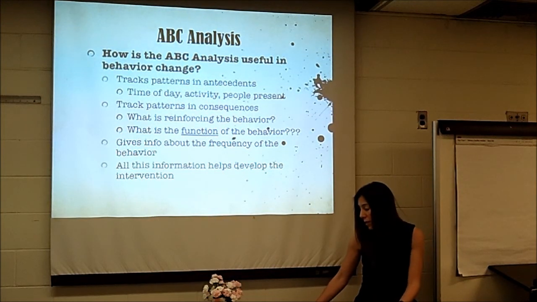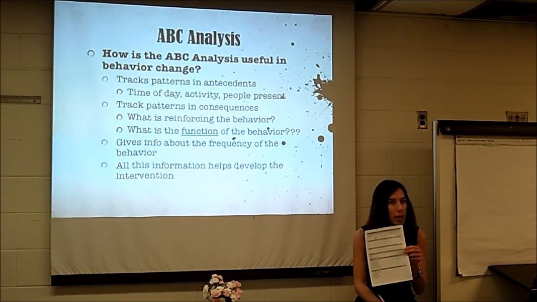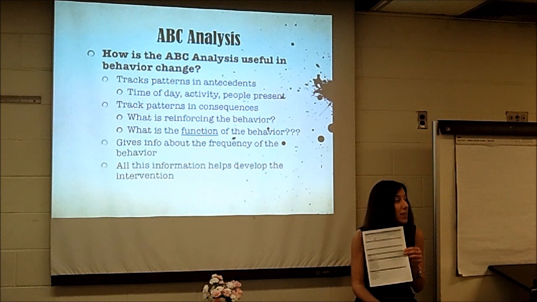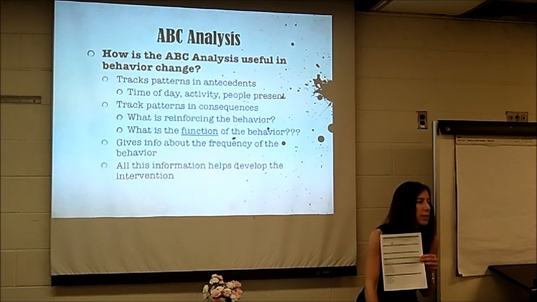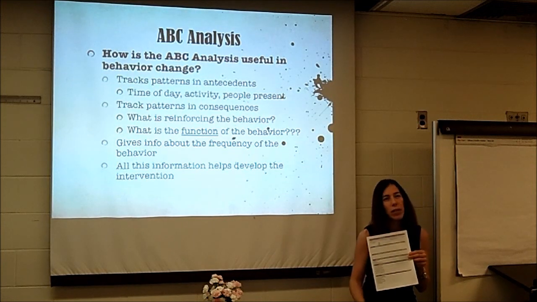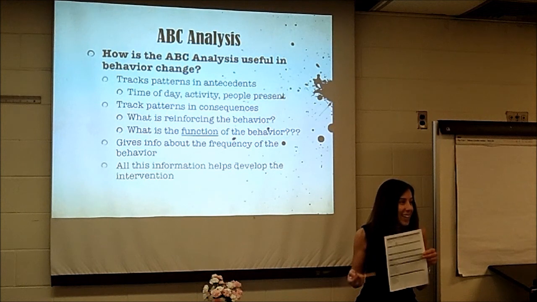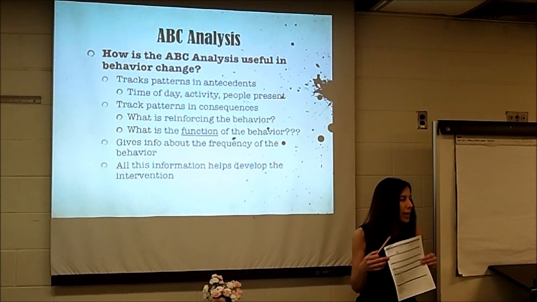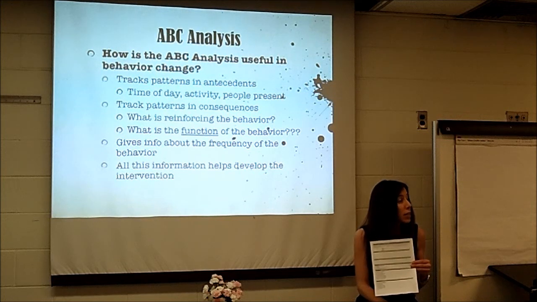So it is a little bit time consuming on the front end, but getting good behavior data on the ABC analysis is really what determines the plan. So it's worth it. How long do we do this? I would say at least 2 weeks. It depends. If the behaviors are really occurring at high rates and you're getting 2 sheets in one day, then probably one week could be enough. But typically we do it for about 2 weeks, and then we collect the sheets and we review them, and we get a really good, clear understanding of what's going on.